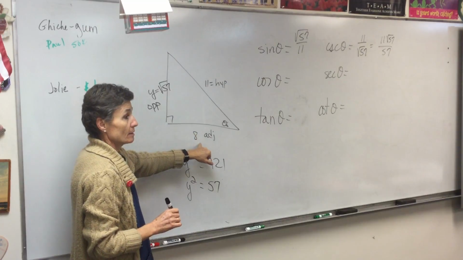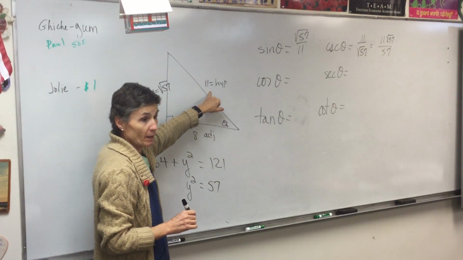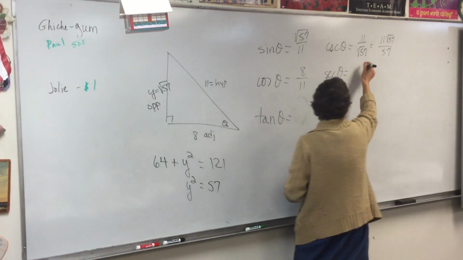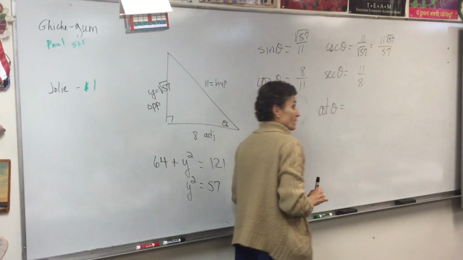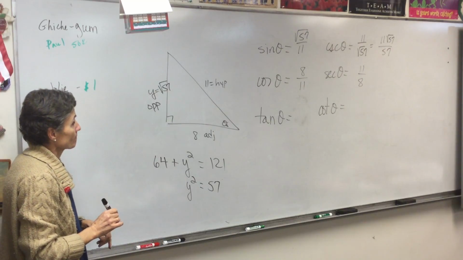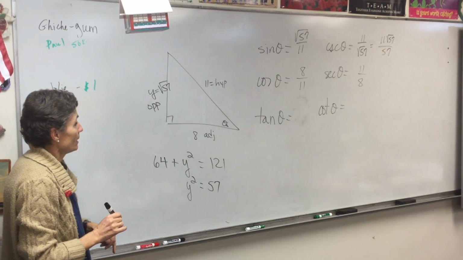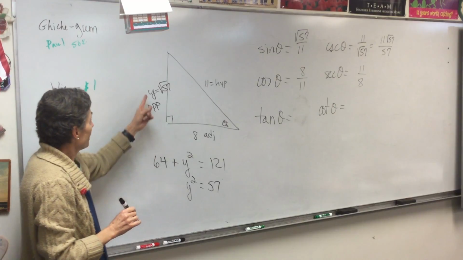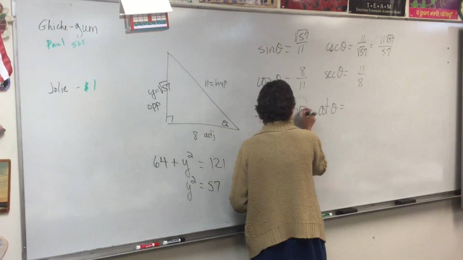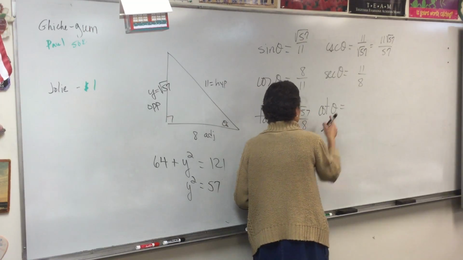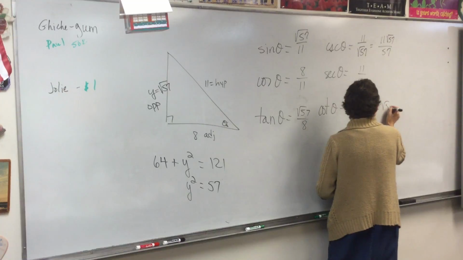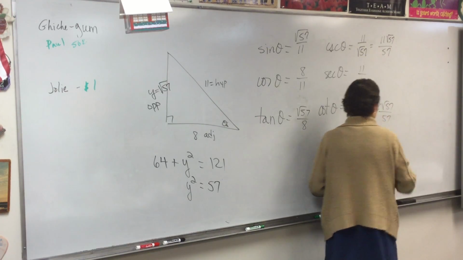Definition is adjacent over hypotenuse, so that'll be 8/11ths, which means the secant is 11/8. And then the tangent, opposite over adjacent, root 57 over 8, cotangent then, 8 over root 57, or 8 root 57 over 57.